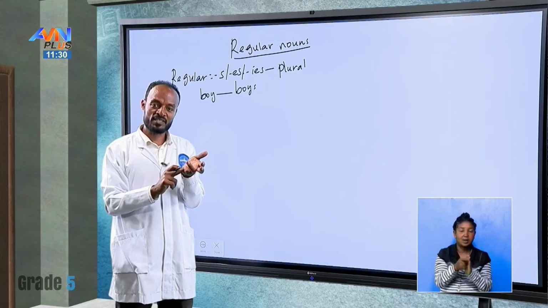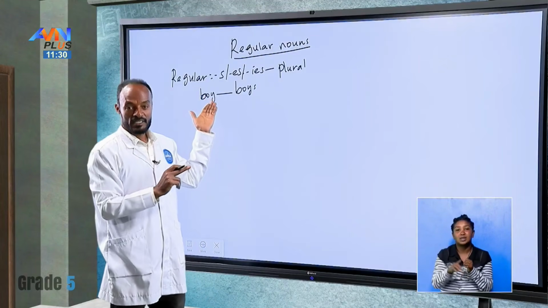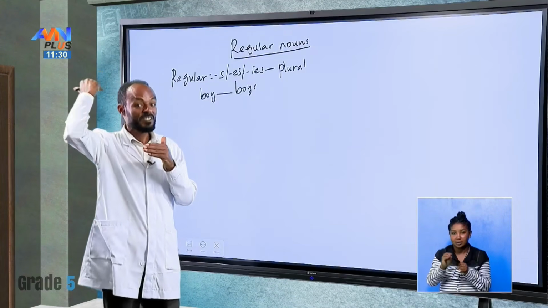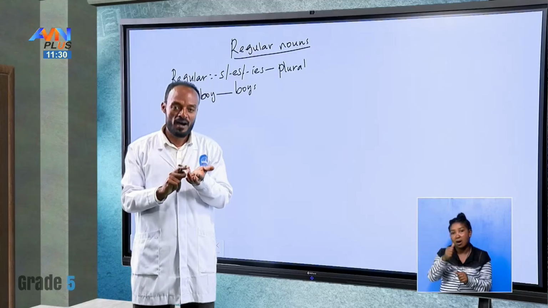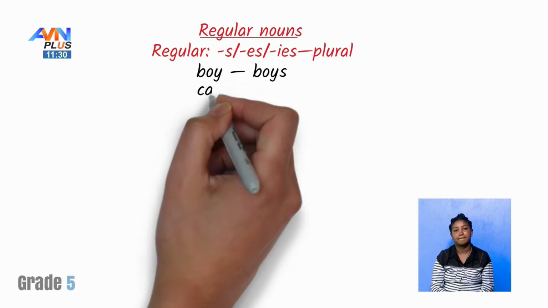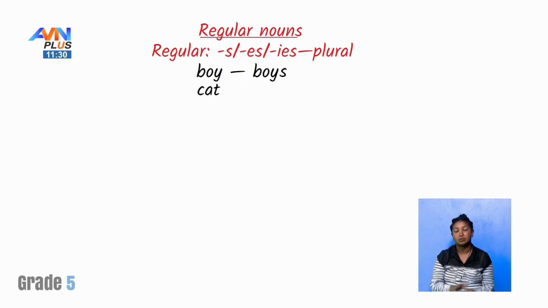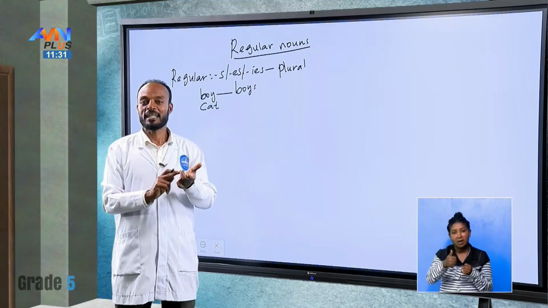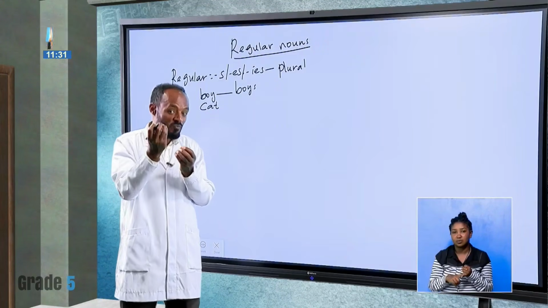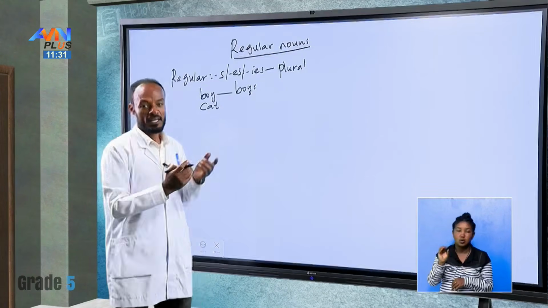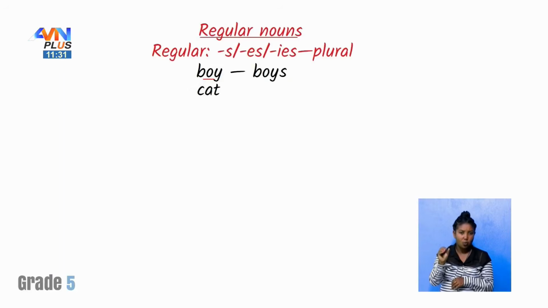For example, if a word ends in Y, and if it is preceded by a vowel, such as A, O, E, or U, this one is preceded by O, so that should take S here.